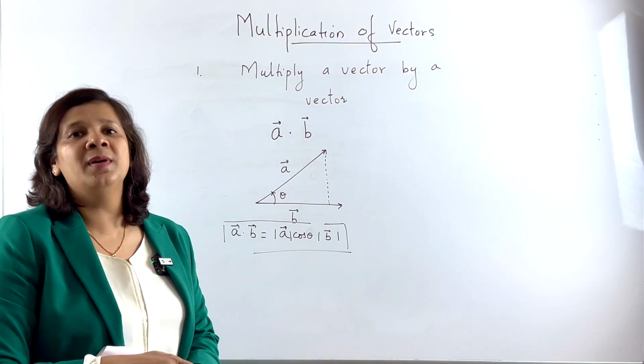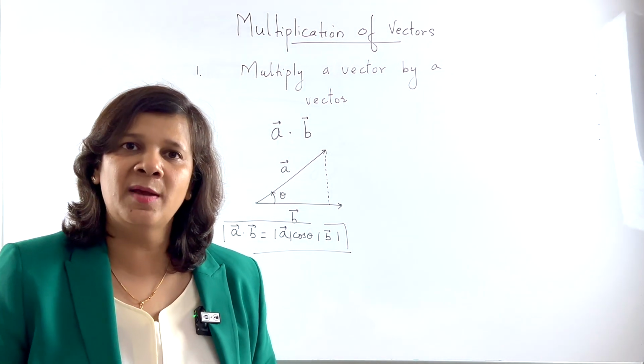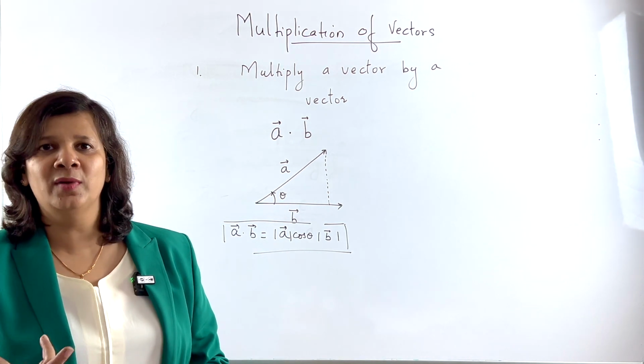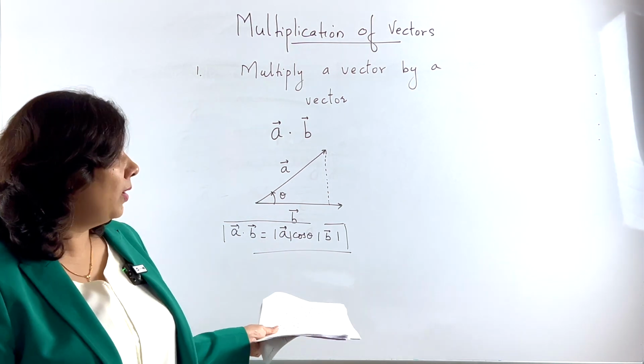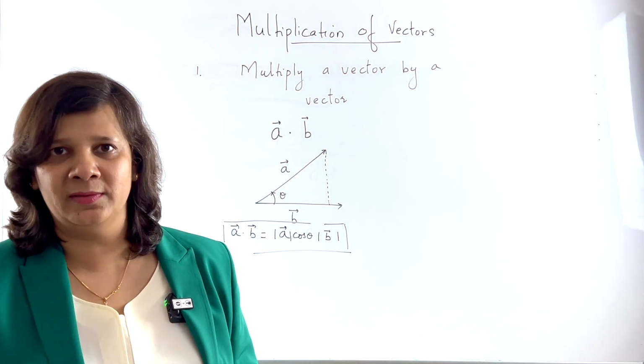Okay, you will come across many different important quantities in physics. For example, work, which you have already seen in grade 9th and grade 11th also, that work is defined as the dot product of force and displacement.